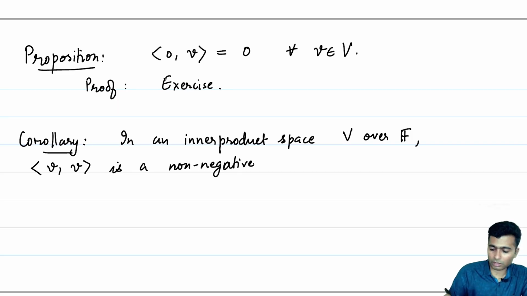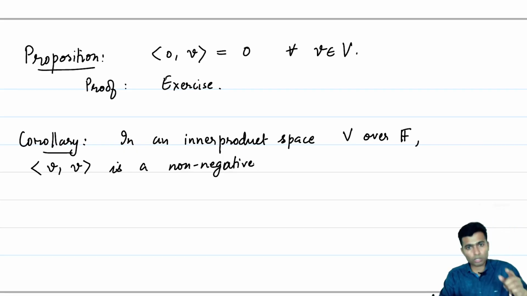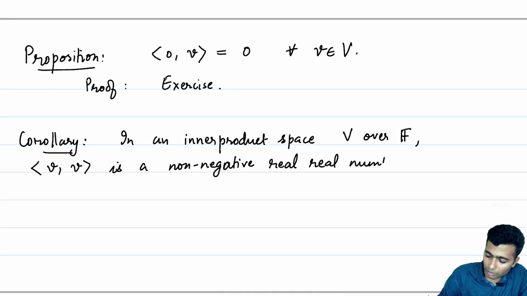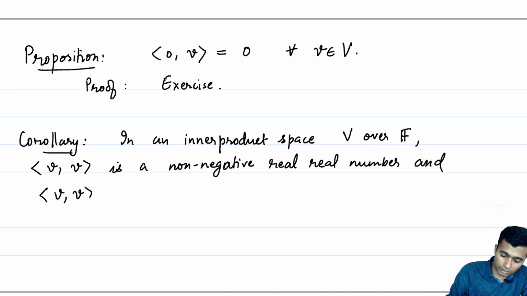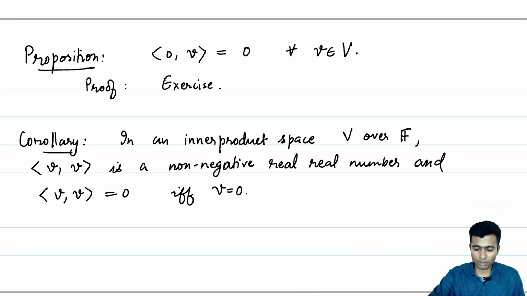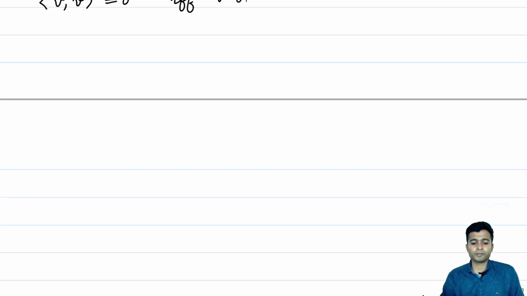If you notice, only for non-zero vectors had we demanded positivity, and we know that for the zero vector it is going to give you back the scalar 0, so a non-negative real number. So in every case it will be a non-negative real number, and ⟨v, v⟩ is equal to 0 if and only if v is equal to 0. Okay, so next we will be discussing various properties of inner products.